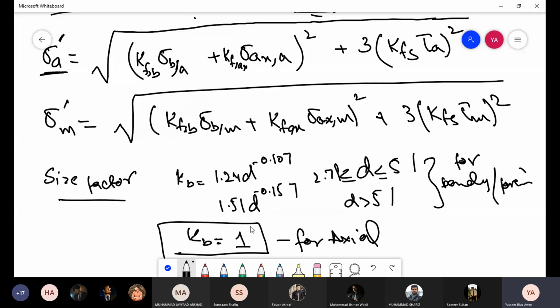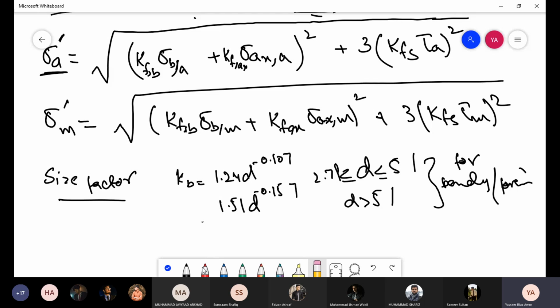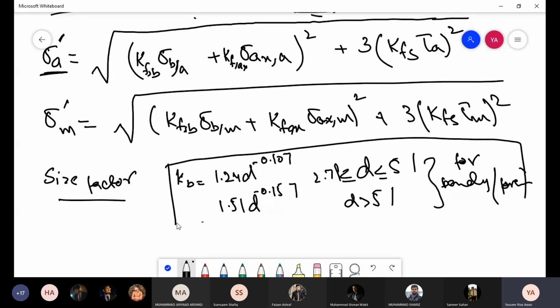Firstly, we know that usually the bending and torsion loads are dominating, and axial loads are much less than bending and torsion, okay? And secondly, by using this, we would be on the conservative side, okay? So our solution to this problem is, for combined load, we would always use this equation. Don't use Kb equal to 1, okay?